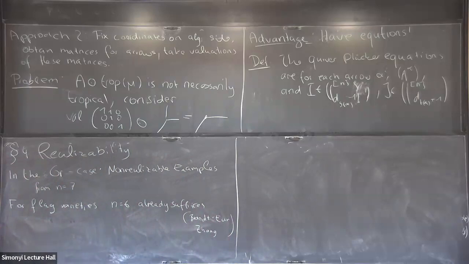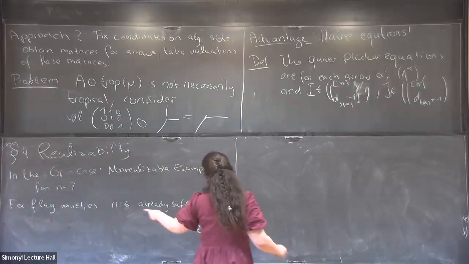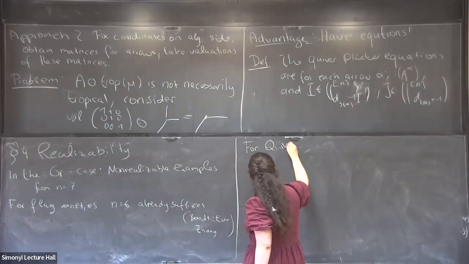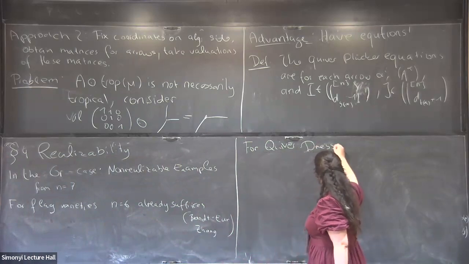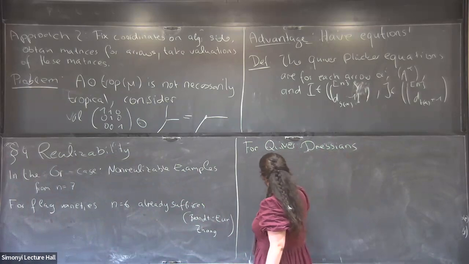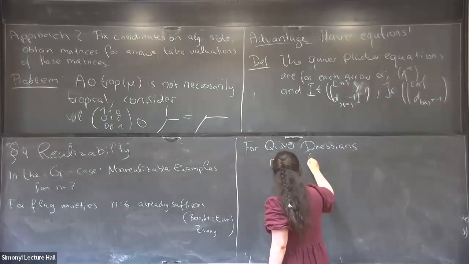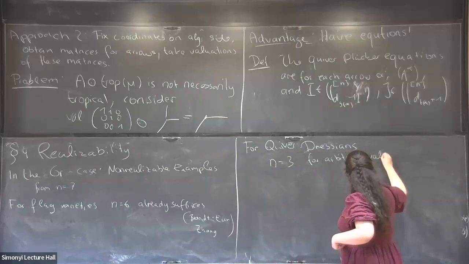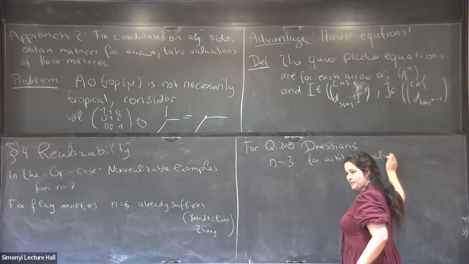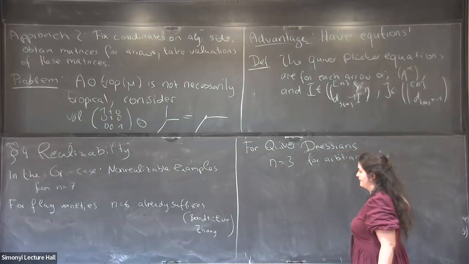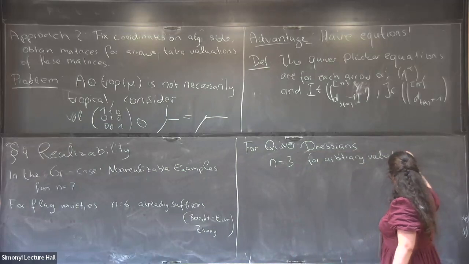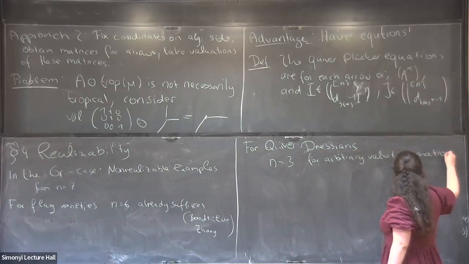And in our setting, we actually get far worse than this. So for Quiver Grassmannians, we have two different numbers. First, n equals 3 is for arbitrary valuated matroids, where non-realizable means unrealizable over a given, fixed field.